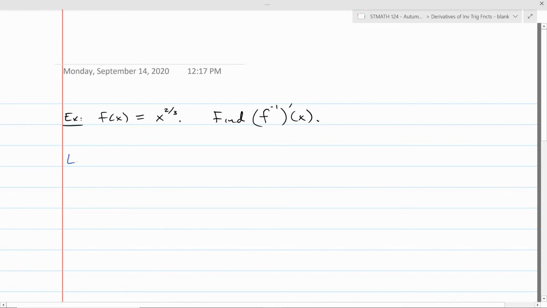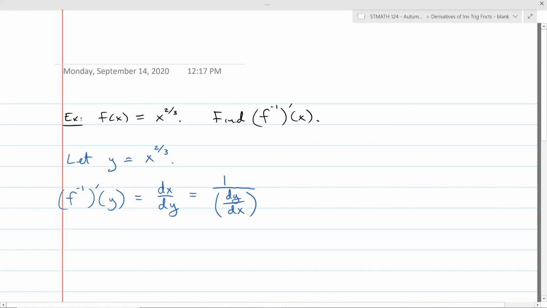So we can say, well, just let y equal x to the 2/3, right? F inverse prime of y means the same thing as doing dx dy. Well, to do dx dy, you do 1 over dy dx.